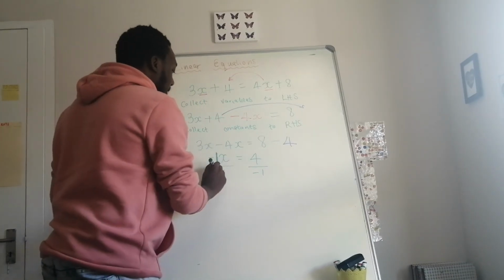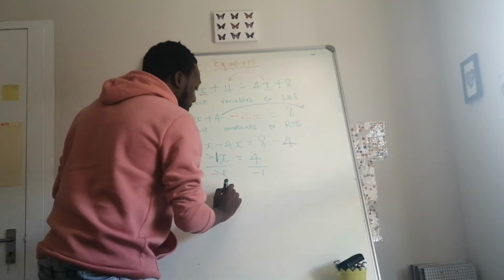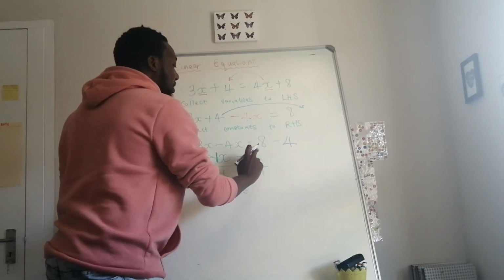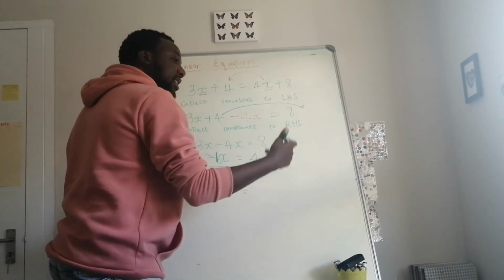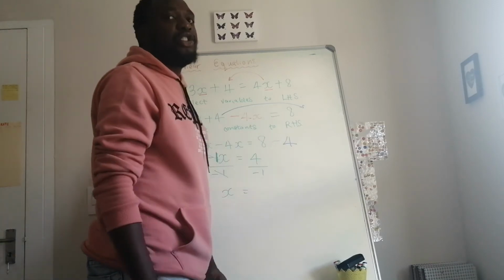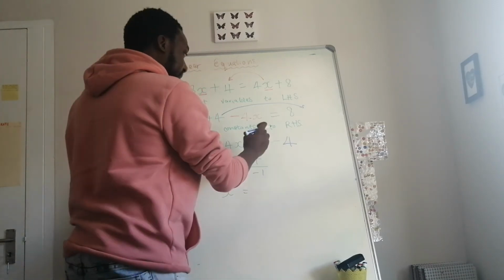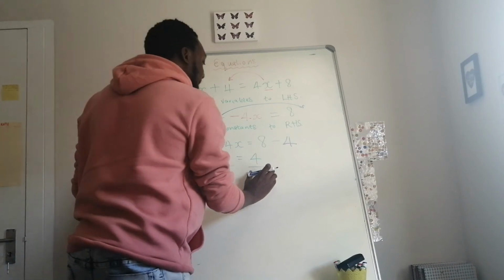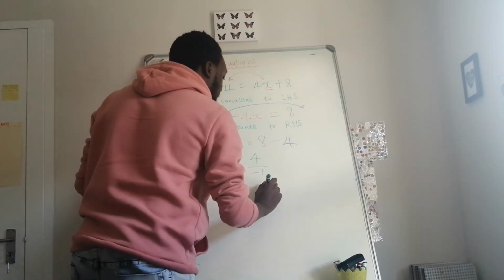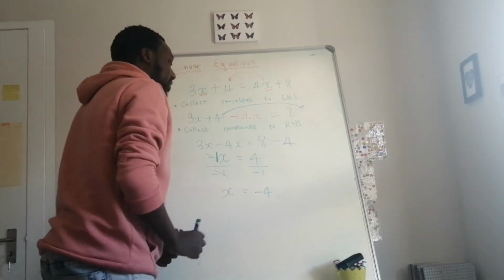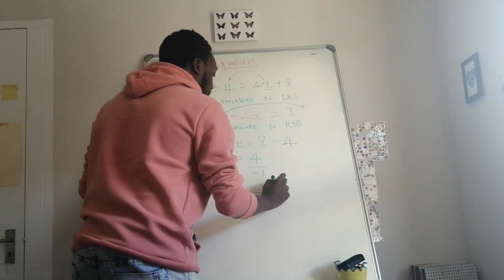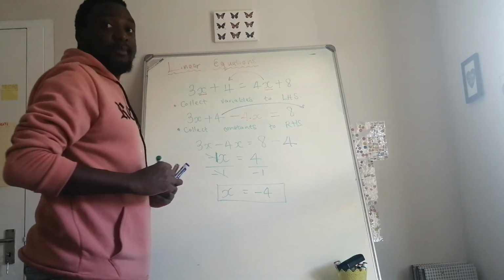So here the negative 1 and the negative 1 cancel. I just have x. And here 4 divided by negative 1. Plug that into your calculator if you're not sure. A positive divided by a negative gives you a negative. Negative 4. And so that is what x is.